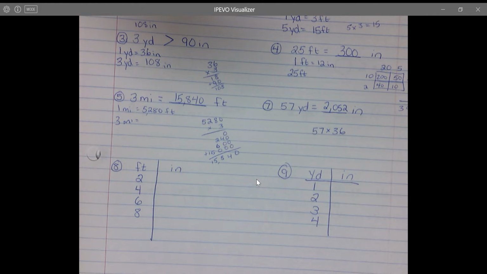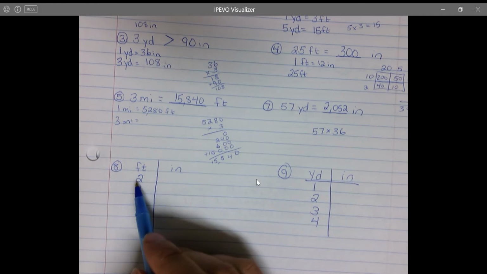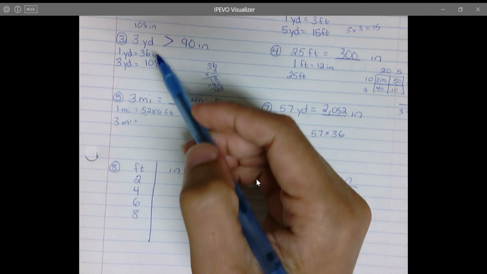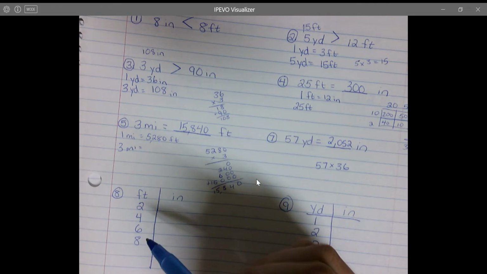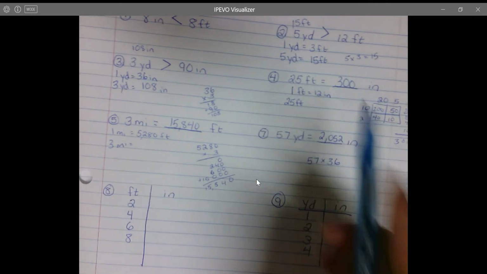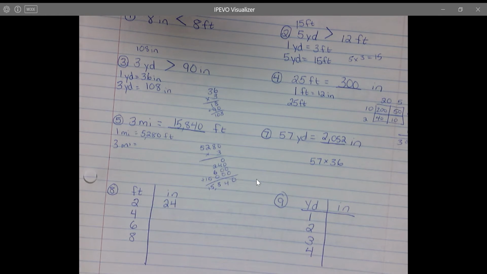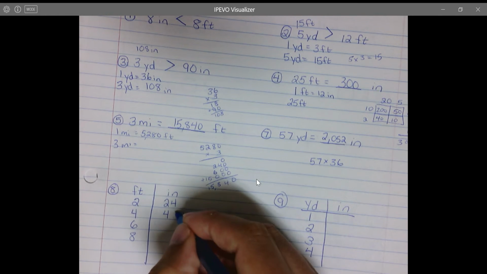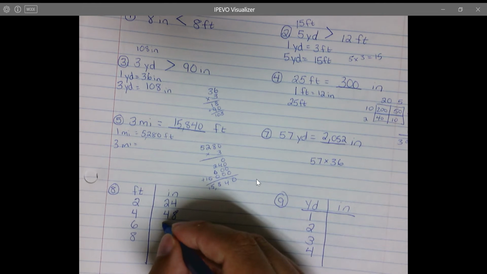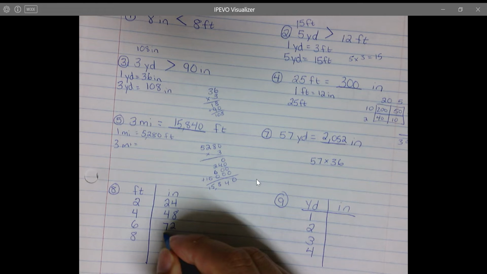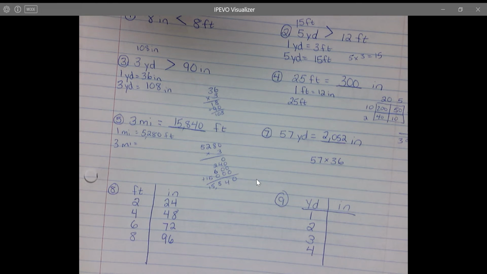And then we have an input-output table here. So 2 feet is how many inches? Looking up here, 1 foot is 12 inches. So 2 feet would be 24 inches. 4 feet would be 48 inches. 6 feet would be 72 inches. And then 8 feet would be 96 inches.